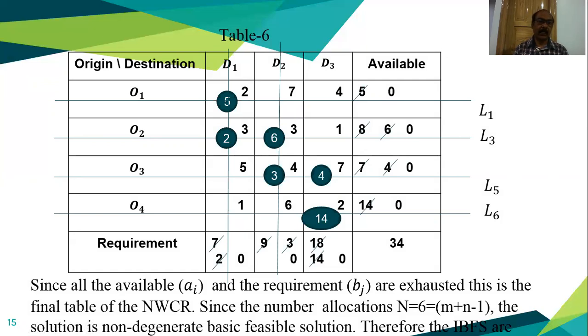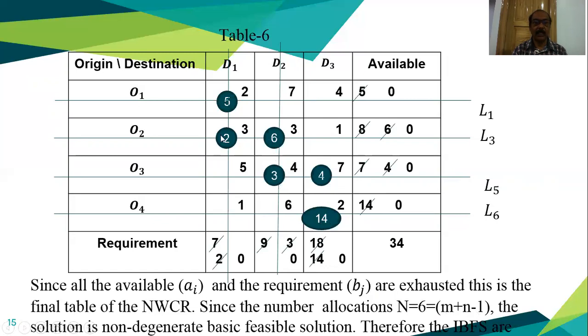Here m is 4 and n is 3, so m plus n minus 1 is 6. Now our number of allocations is equal to 6, which is equal to m plus n minus 1. So this is a non-degenerate initial basic feasible solution.